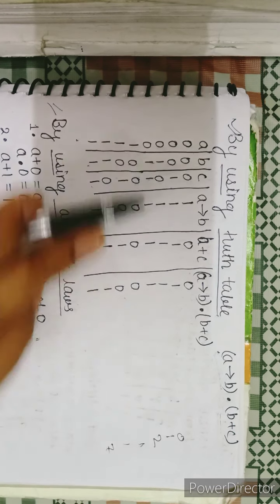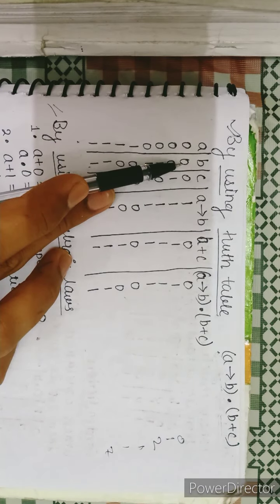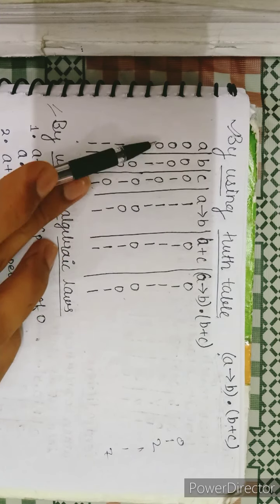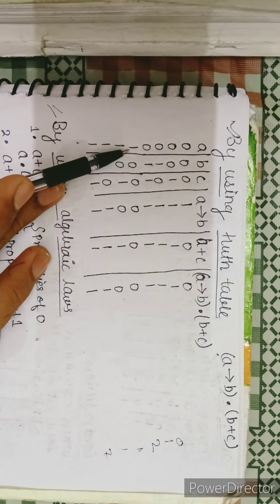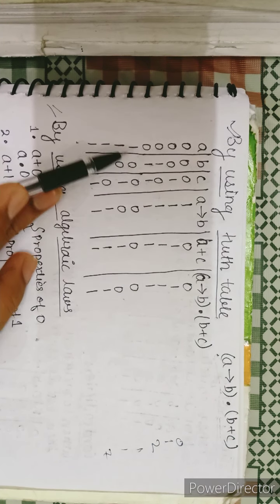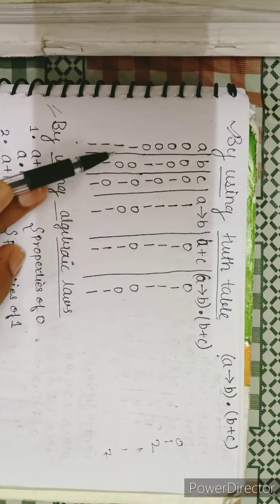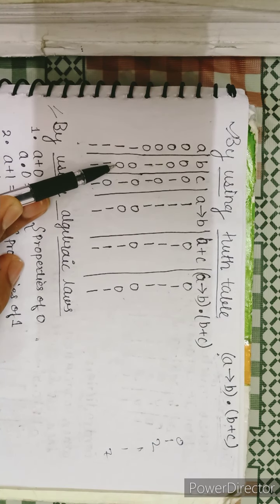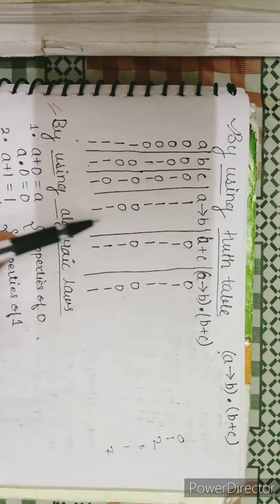So here, between a and b: 0 0 gives 1, 0 1 gives 1, 1 0 gives 0, because a is true and b is false, so false, and 1 1 gives 1. So this is a implies b.